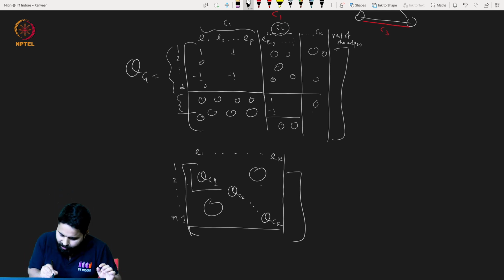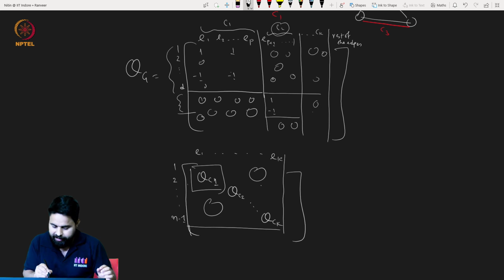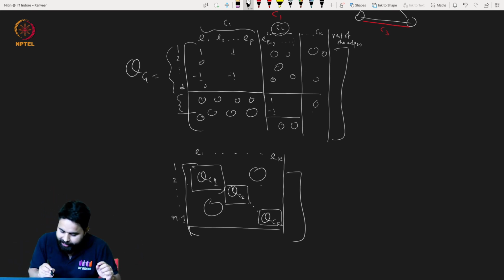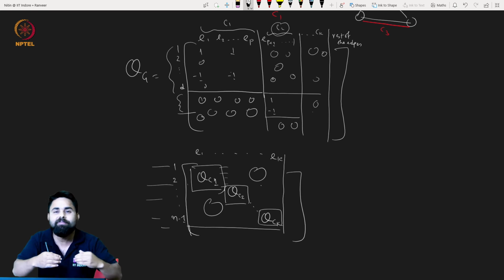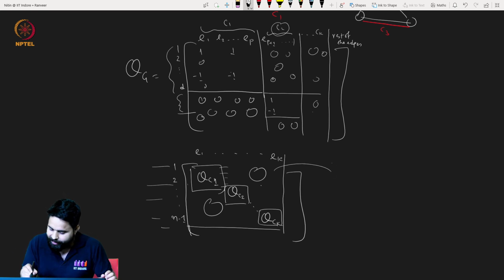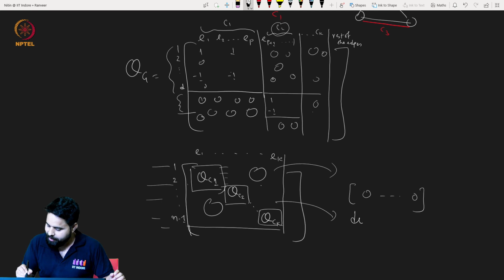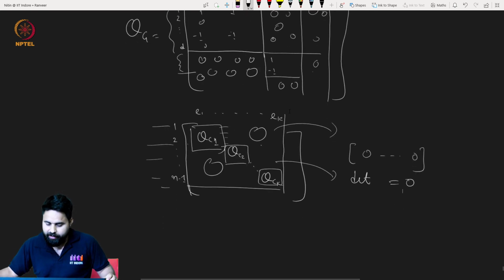Now we have already seen the properties of the incidence matrix: you pick any column, and if you add all the entries, this gives you 0. So if you keep adding all these rows, this will give you a big 0 vector, and this gives determinant 0. The determinant of the desired matrix is equal to 0. Very, very good.